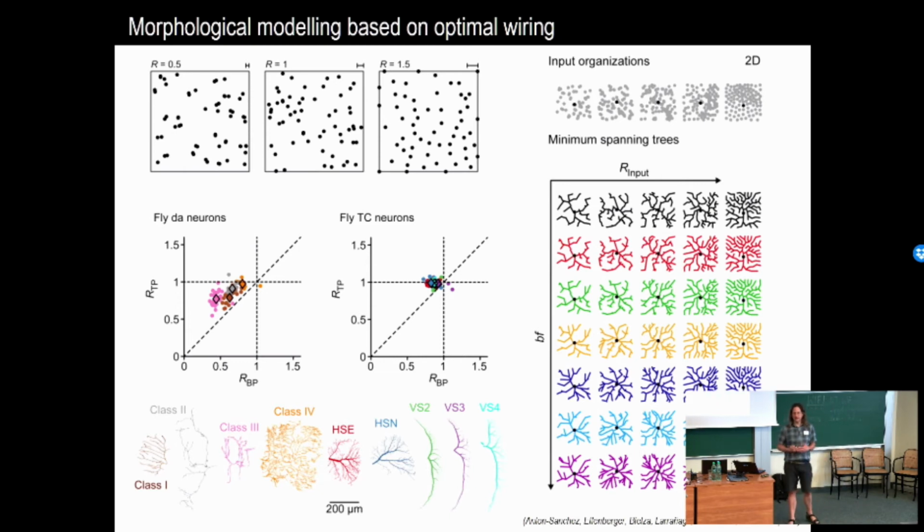So you can actually infer the regularity of the distribution of these red target points, and we singled out in this paper these 4 DA neurons in the fly, which had clearly different R values.